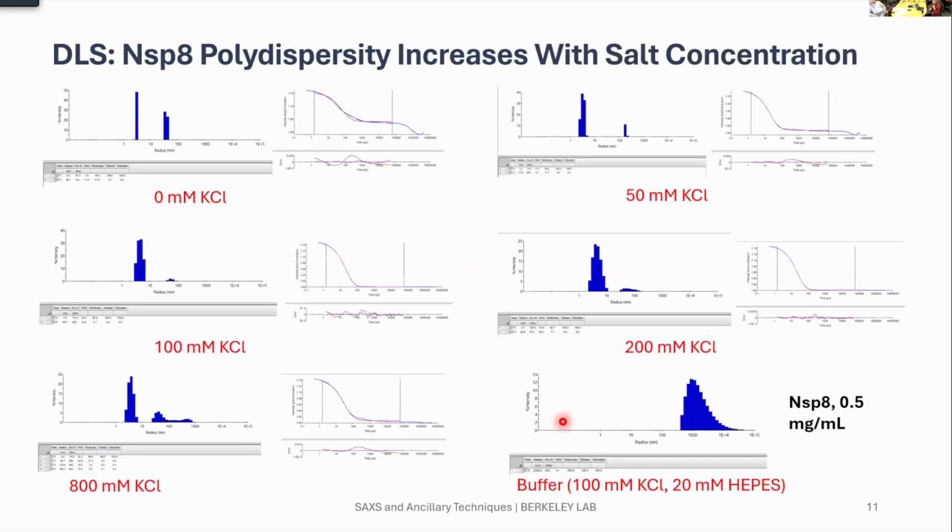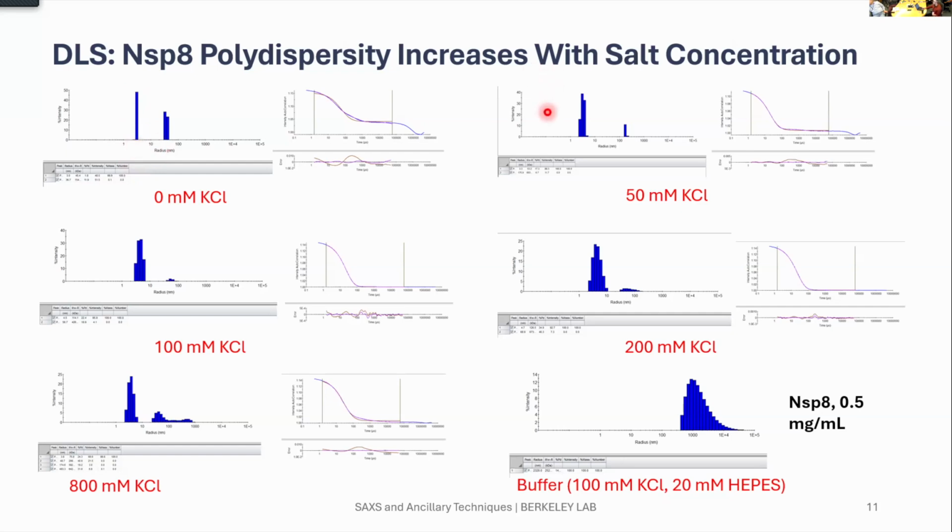Here I'm just showing you raw data which I obtained from DLS. So this is what we are getting from the wired DLS device. Here at 0 millimolar potassium chloride, in the region between 1 and 10 nanometers, we see one single peak around 3 nanometers.